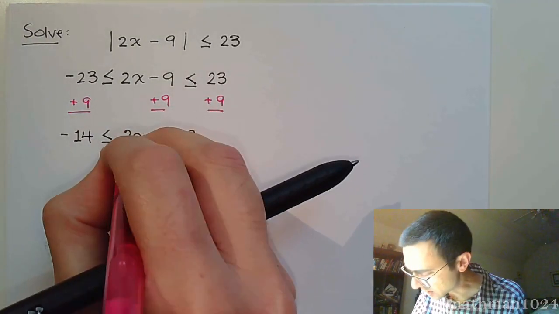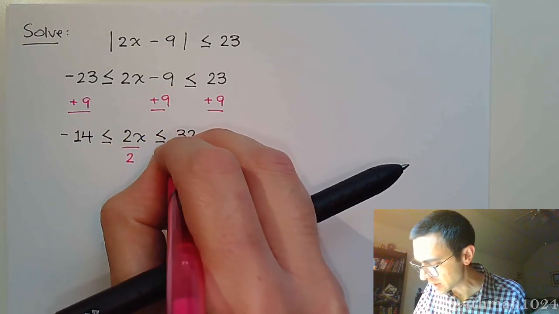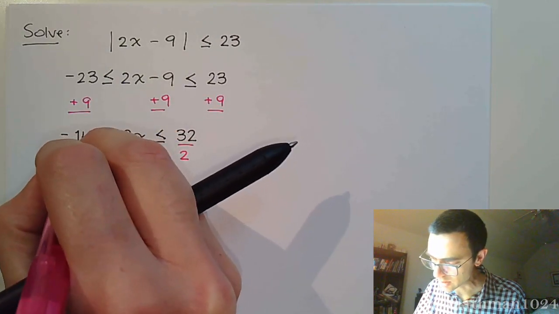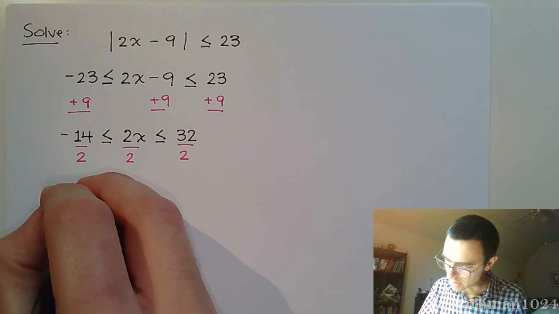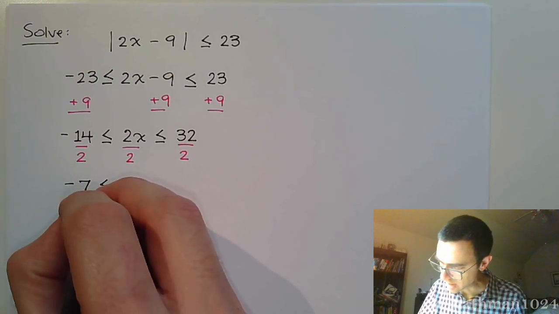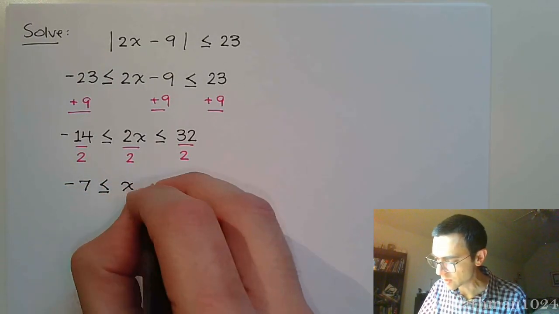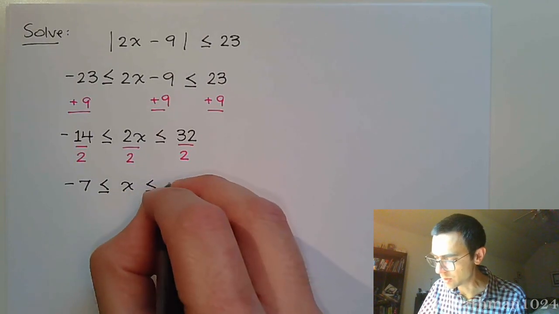And finally, that last step, to get x by itself, divide both sides by 2. We get negative 7 is less than or equal to x, which is less than or equal to 16.